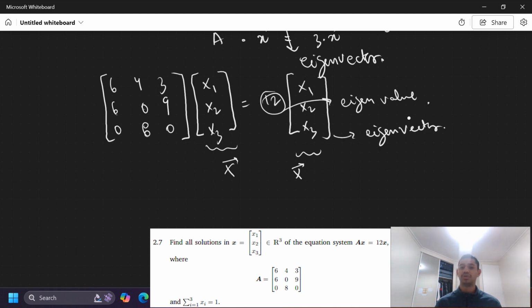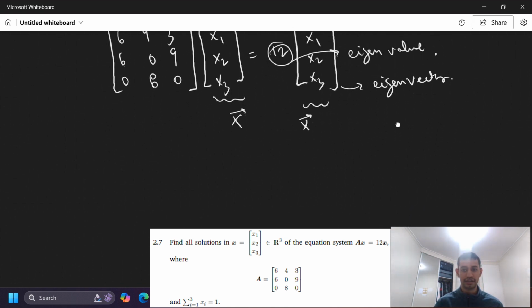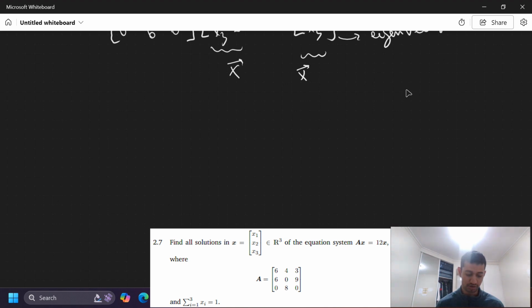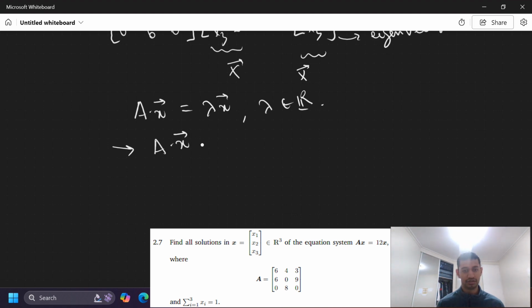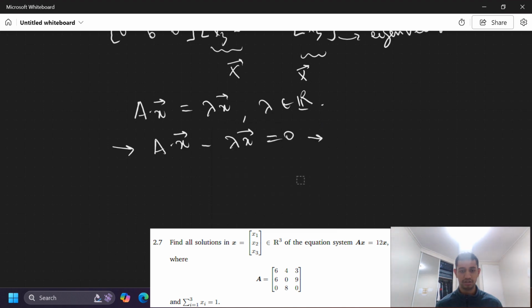Yeah, so rather straightforward. Now the interesting property is that whenever you have such an equality, Ax equals lambda x, where lambda is a real number or the scalar, you can pull everything to the left hand side and take the x common. Sorry, let me use that as a post multiplication instead.